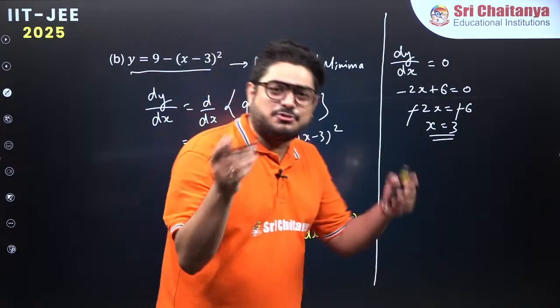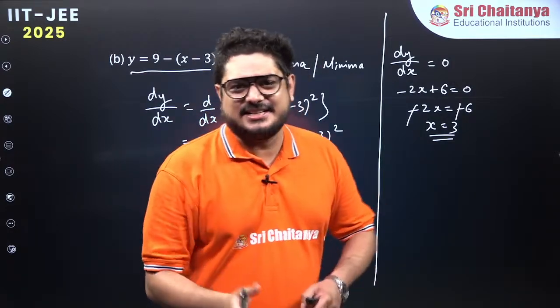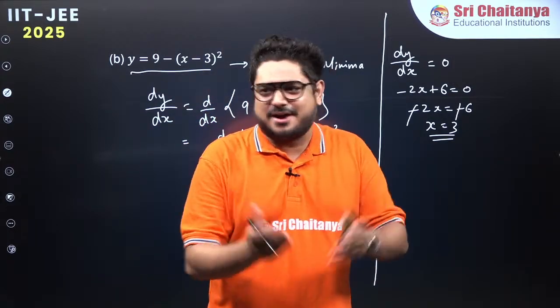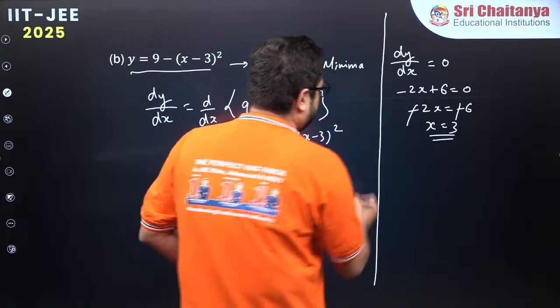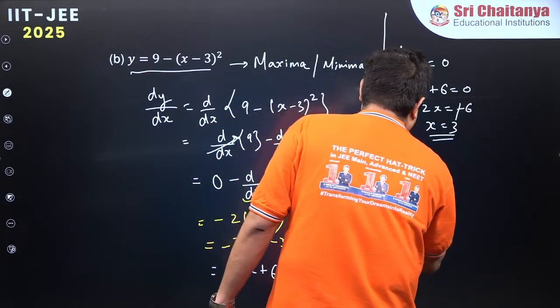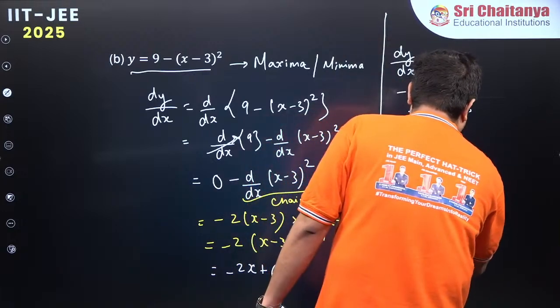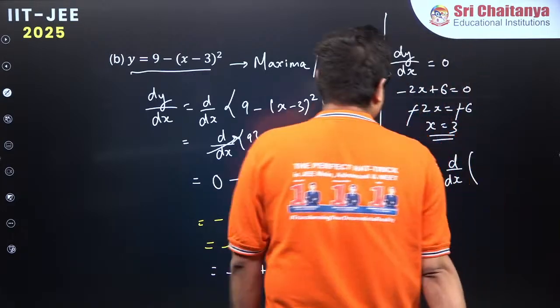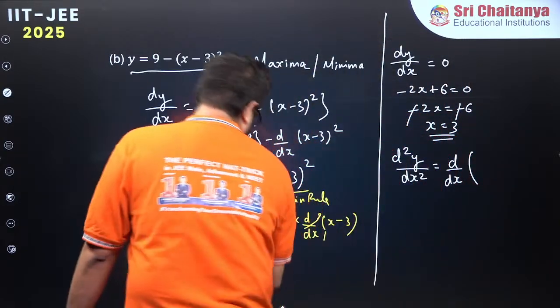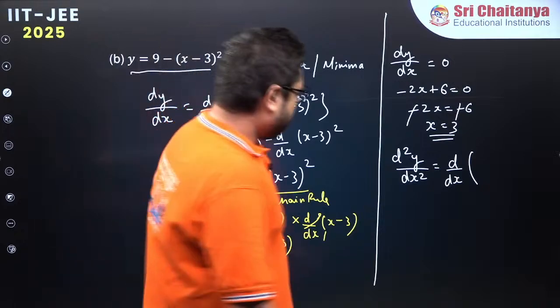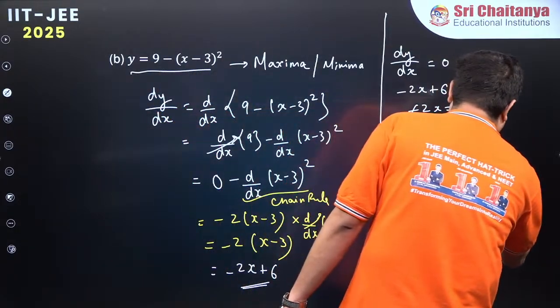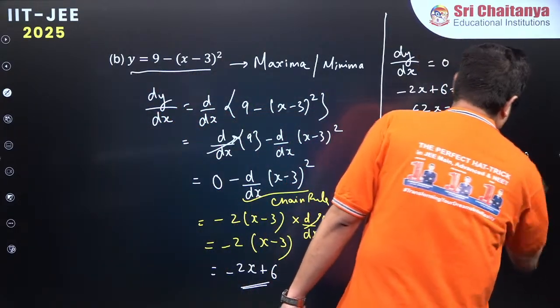Now let's check whether this function is associated with a maxima or a minima. So d2y by dx2 needs to be found. This function itself needs to be differentiated: d by dx of minus 2x plus 6. What will I get?